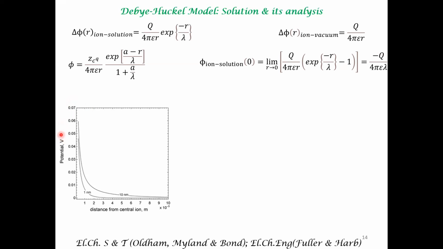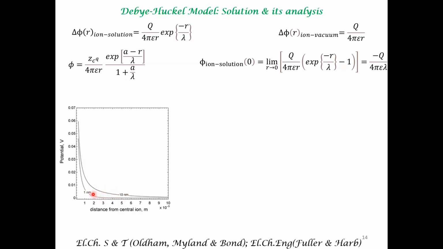The quantity of greatest relevance is the potential that is present in the medium as a function of distance from the central line. It is a function of two critical quantities. One of course is the distance from the central line. Another quantity is the Debye length. If this length varies, what is the variation? Here I have shown two variations. One is if the Debye length is 1 lambda, or the Debye length is 10 lambda.